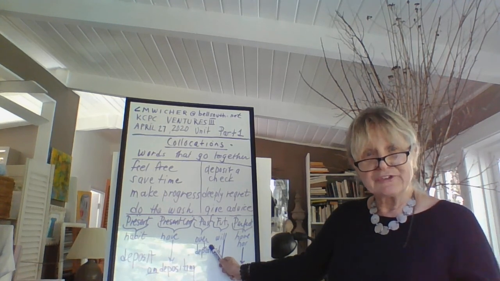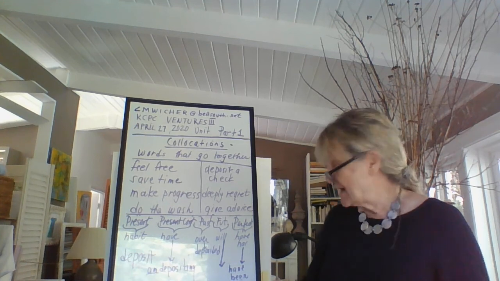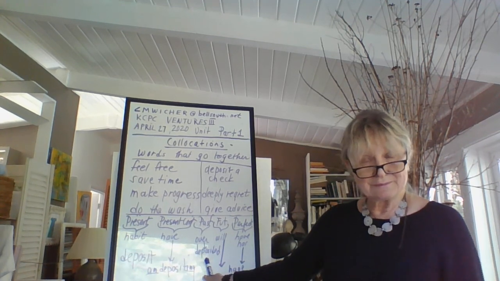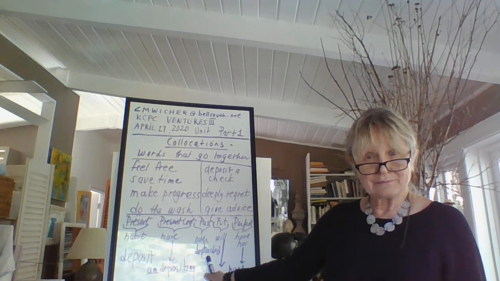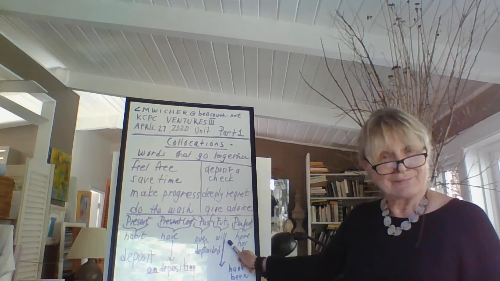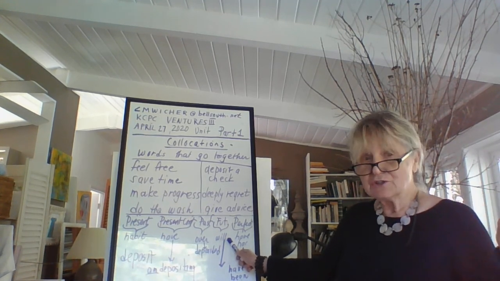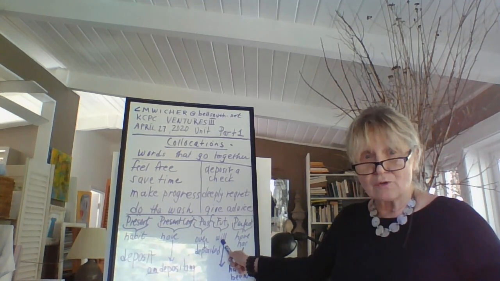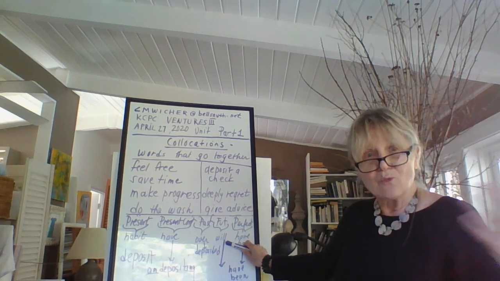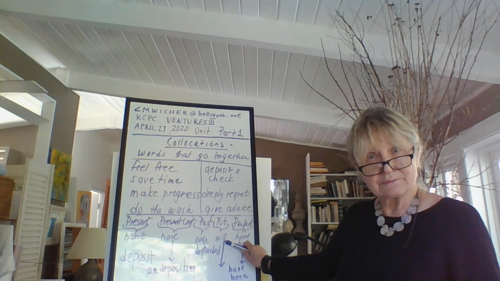You did it and it was over. Simple past, -ed: I deposited my check last week. Good. The future hasn't happened yet. You're going to use the word will to show that it's the future. I will deposit my check next week.